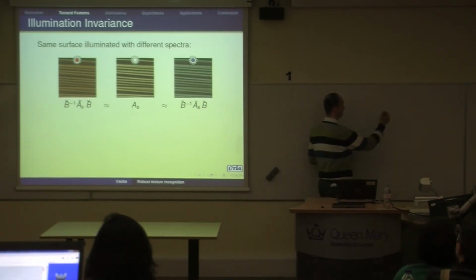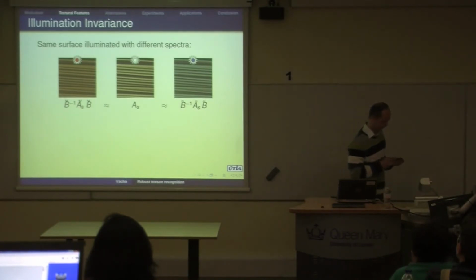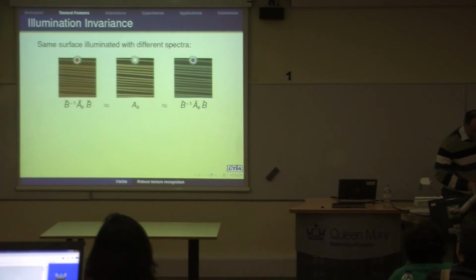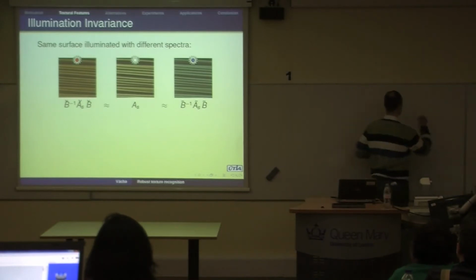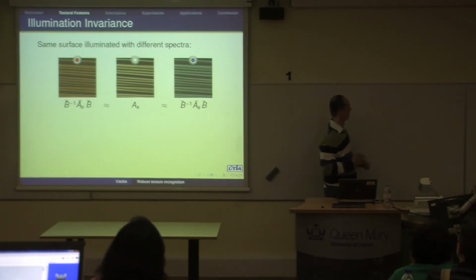It's a known fact that if you change the illumination color, then for the pixel value at some position R, the change of illumination color can be modeled by a multiplication with a matrix B, which is a 3 times 3 matrix for this case.